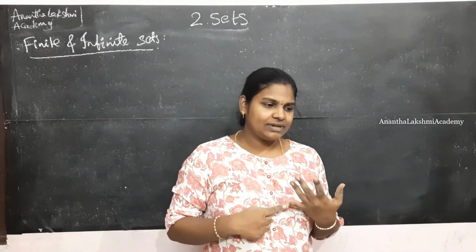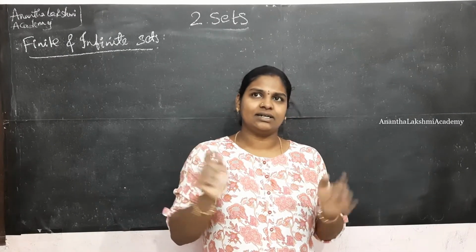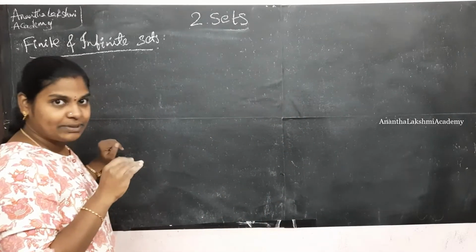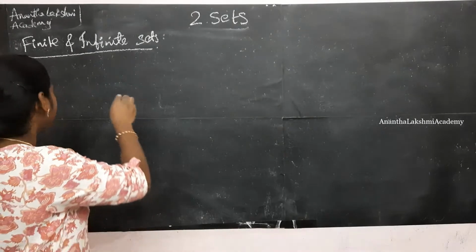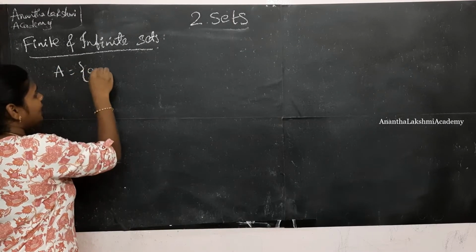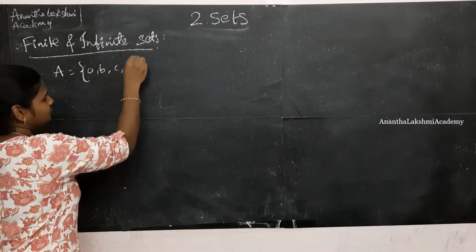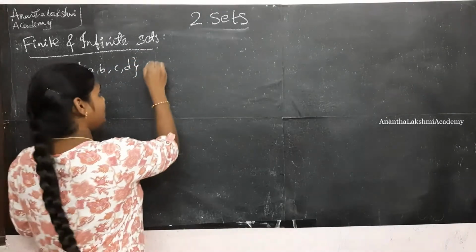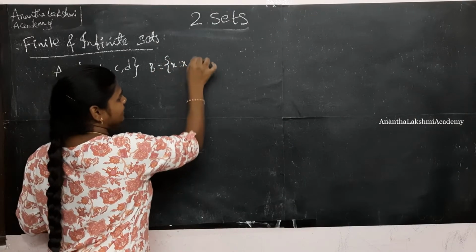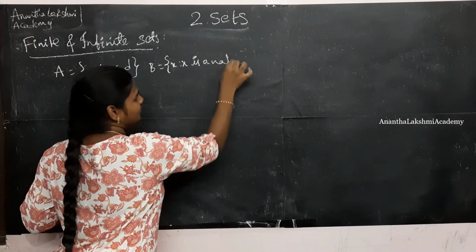Let me explain with an example so that you would understand it better. I have a set A of a, b, c, d, and I have a set B, which says x such that x is a natural number.